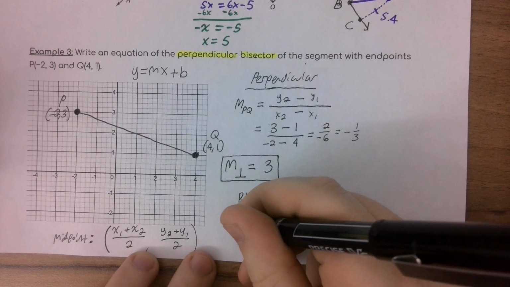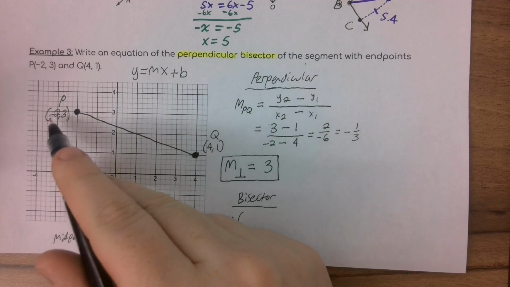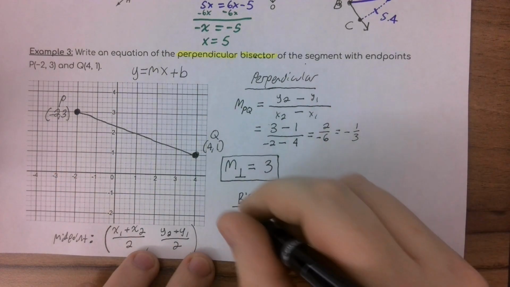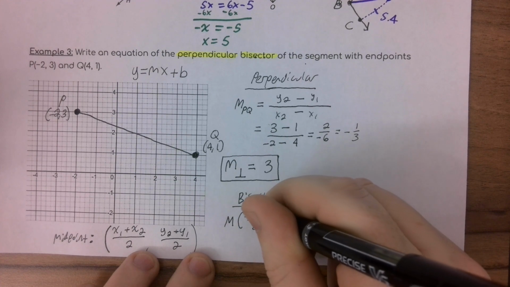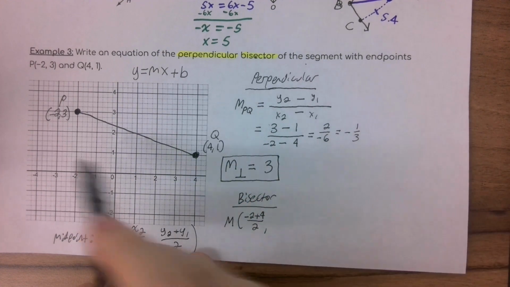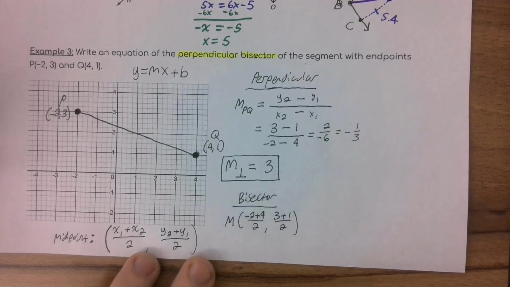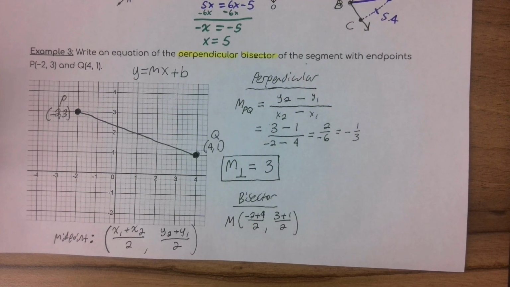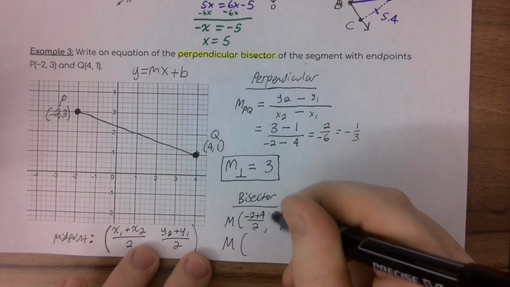So our midpoint, I'm going to call M. The two x values are negative 2 and 4. So negative 2 plus 4 divided by 2. The y values are 3 and 1. So we do 3 plus 1 divided by 2. Well, negative 2 plus 4 is 2.